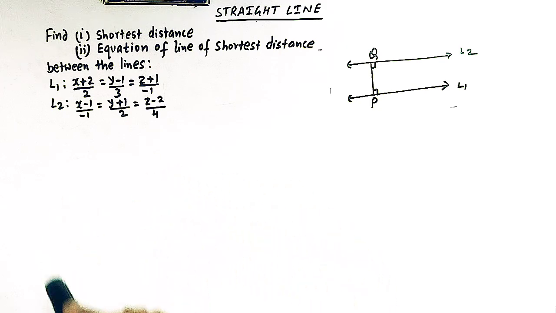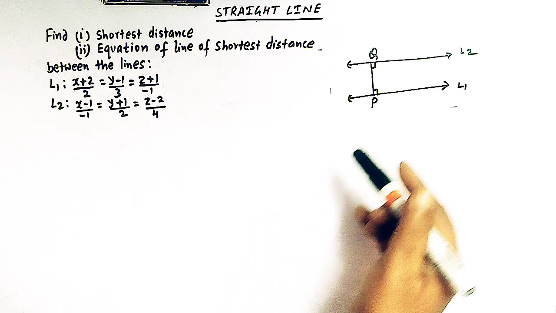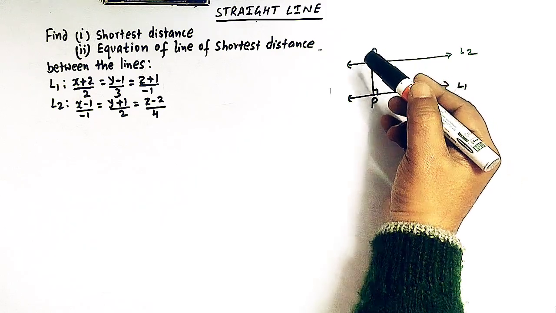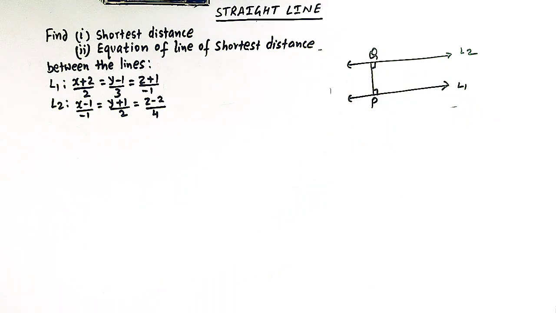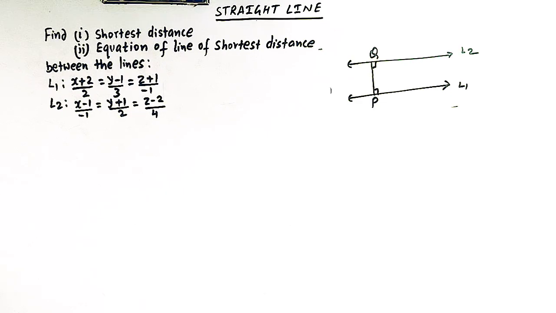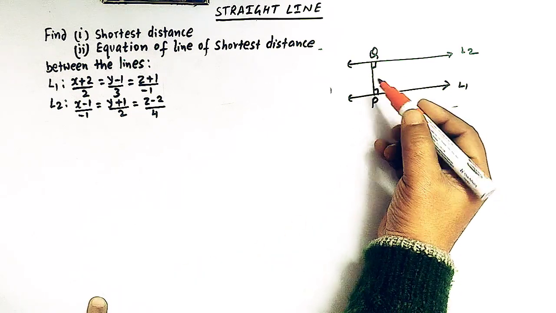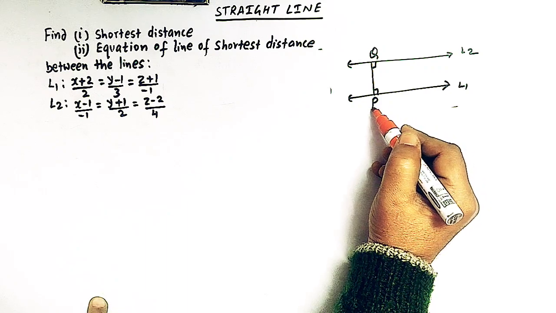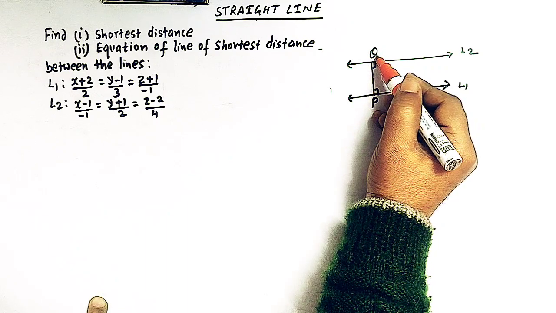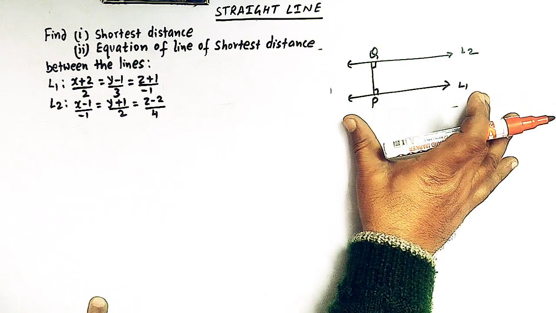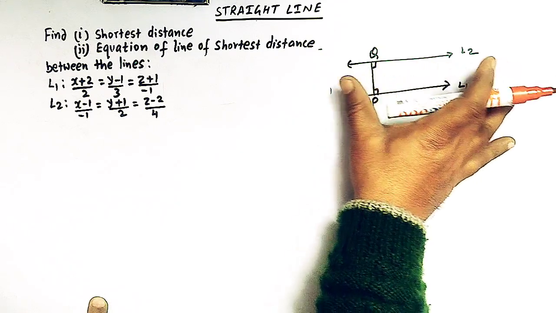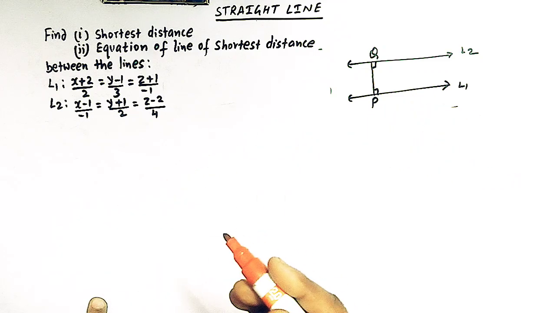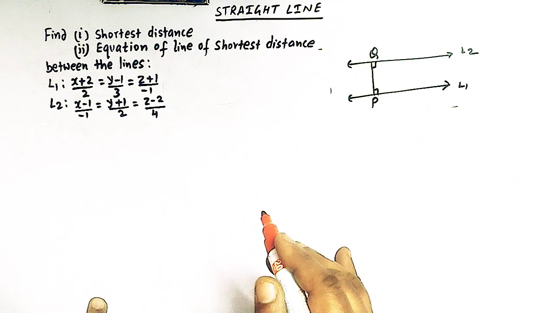So here let us see how we can find the length of this intercept PQ with the help of the distance formula. To apply the distance formula, we need to find the coordinates of point P and point Q. Point P lies on L1 and point Q lies on L2. So let us apply the concept of the coordinates of a general point lying on a line.